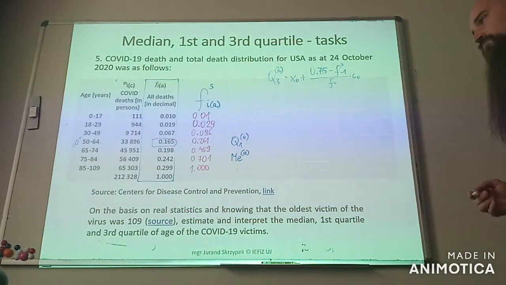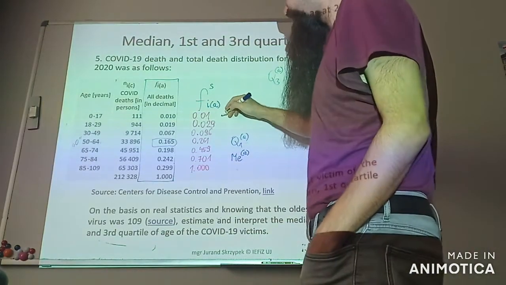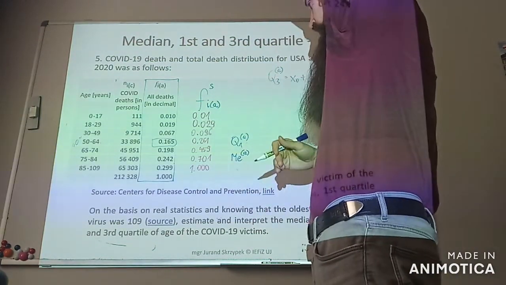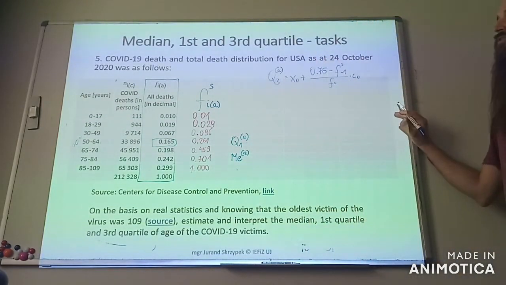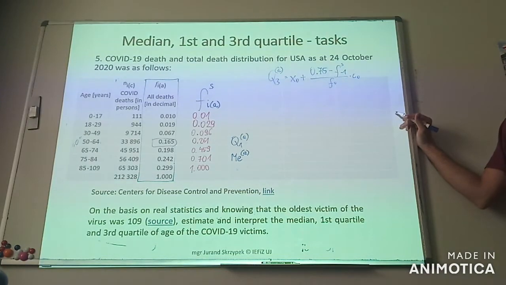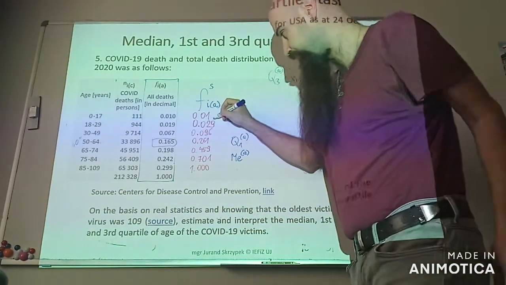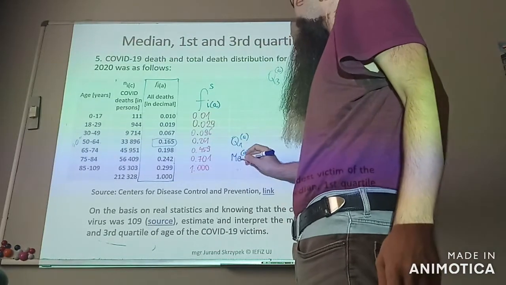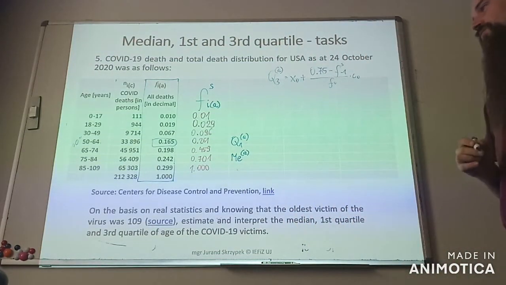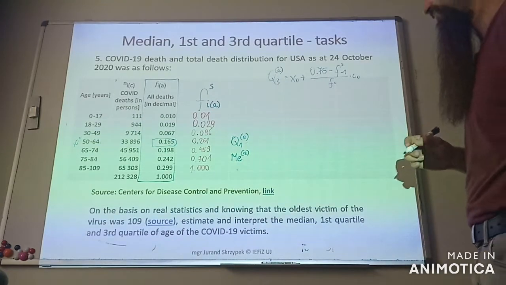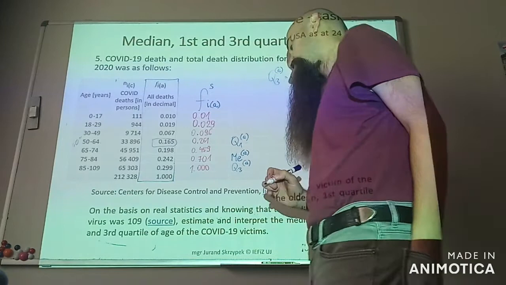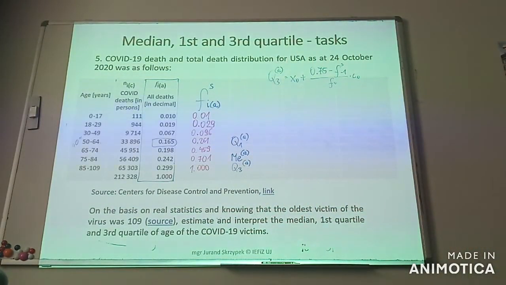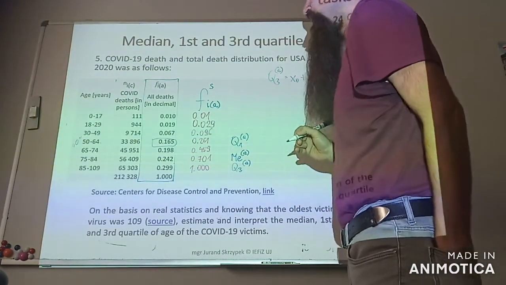Now, at this stage, we are looking for the class in which we have the value greater than 0.75 for the first time. Here, and actually this is the last class. This class is the class of the third quartile of age of all deaths.